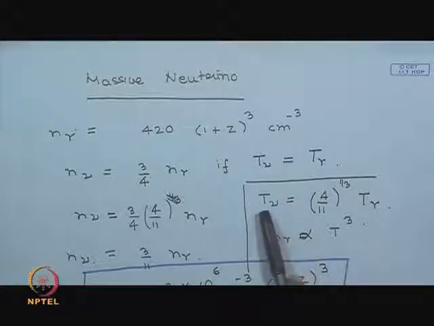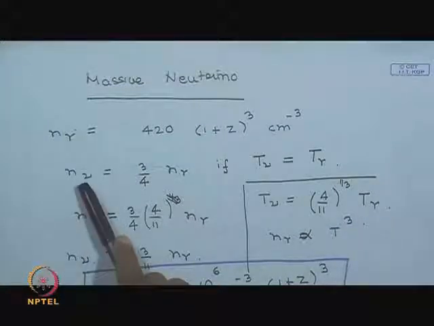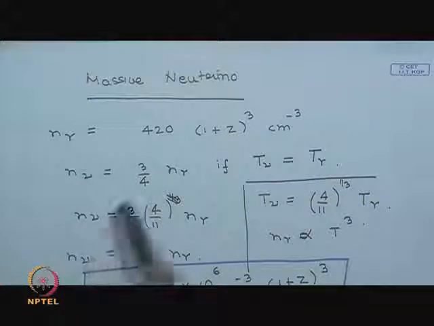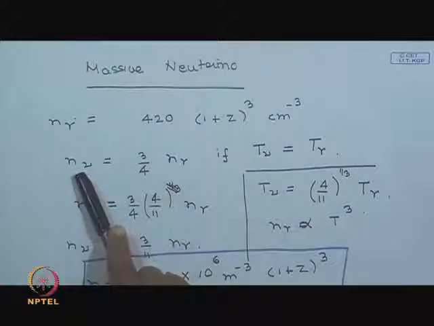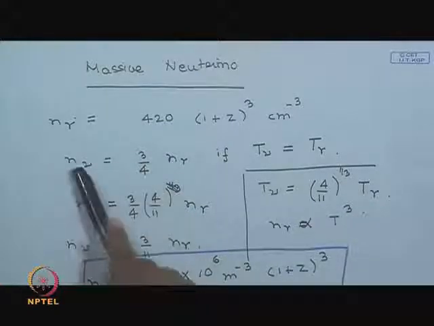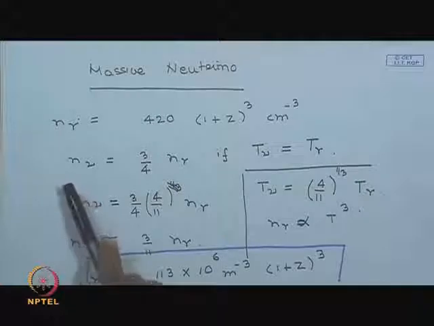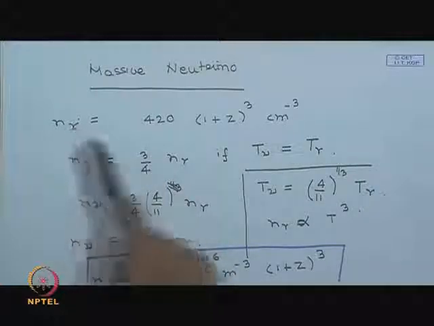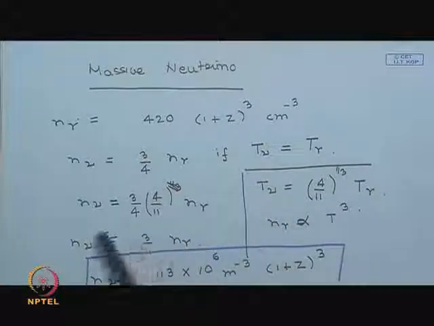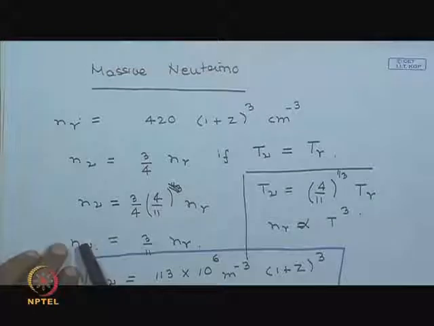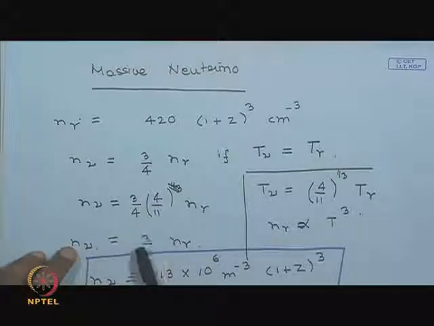Then we remember that the neutrino number density is lower than the photon number density, and since the neutrinos are fermions, if the temperature were the same, then the number density of neutrinos would be 3/4. For every flavor of the neutrino, the number density would be 3/4 times the number density of photons if the temperature was the same, but the temperature also is lower. So, finally, the number density of neutrinos is 3/11 of the number density of photons.